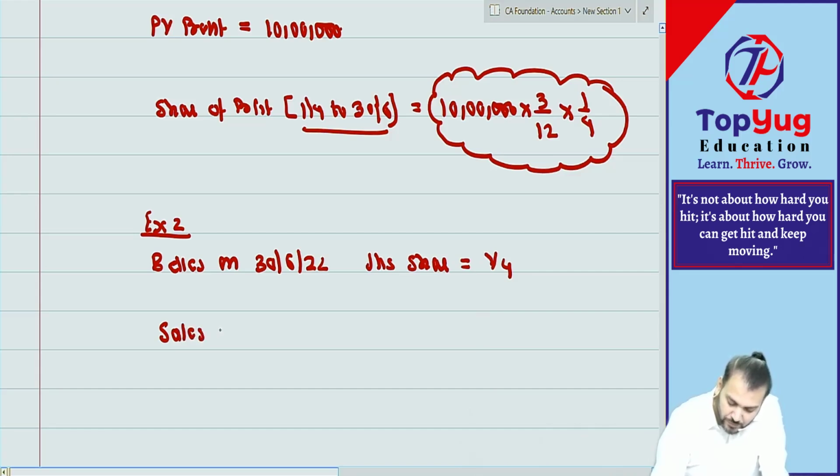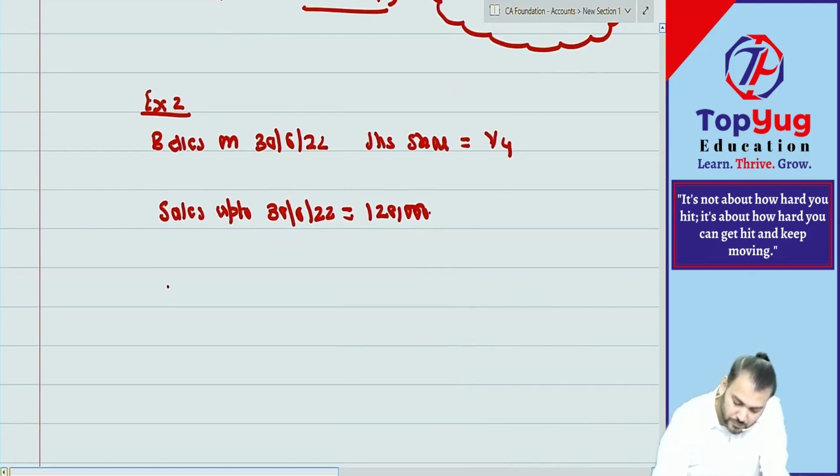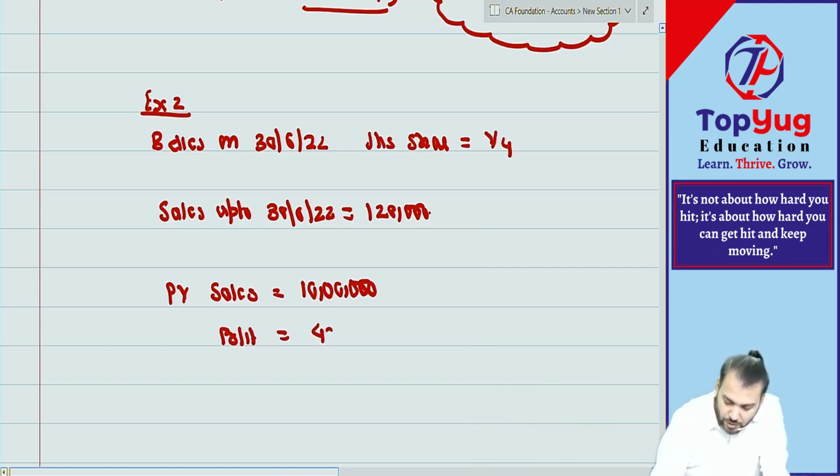Sales up to 30th June 2022 is 1,20,000. Previous year sales is equal to 10 lakh and profit is equal to 4 lakh. Understood? How to estimate? You only say.